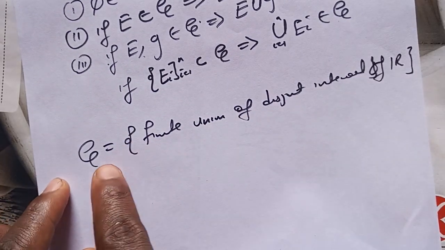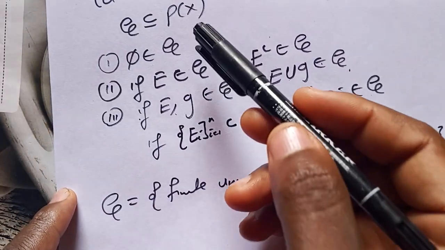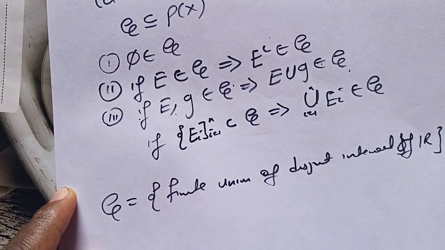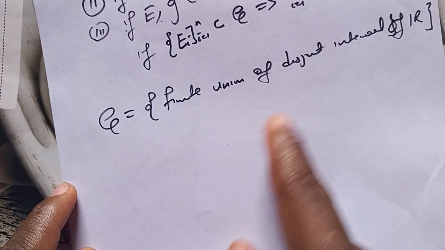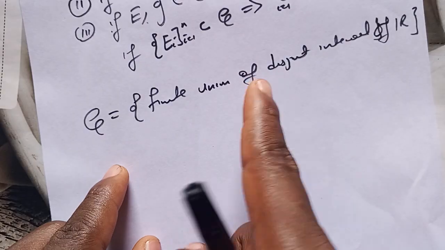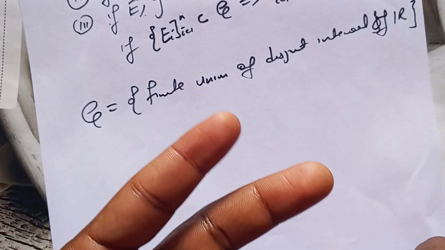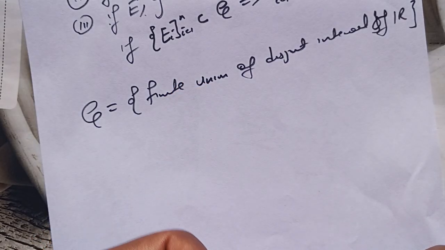Now, for us to show that this is an algebra, we need to show that it satisfies these three conditions. Now remember, what do you understand by disjoint intervals? Two sets are said to be disjoint if their intersection is empty.